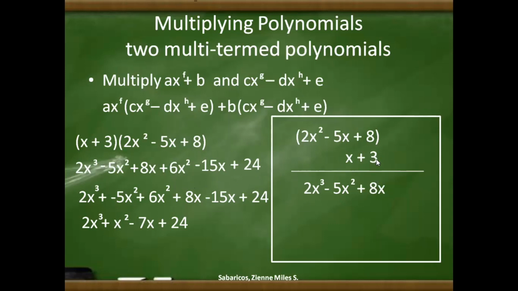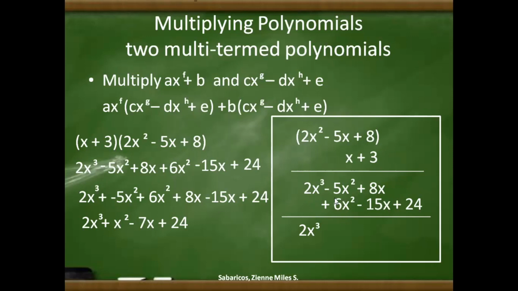Then 3 times 2x squared is 6x squared. And then we do 3 times negative 5 is negative 15x. And then positive 3 times positive 8, so you just multiply like normal. 3 times 8 is 24. And then we add, and then we bring down the 2x cubed.